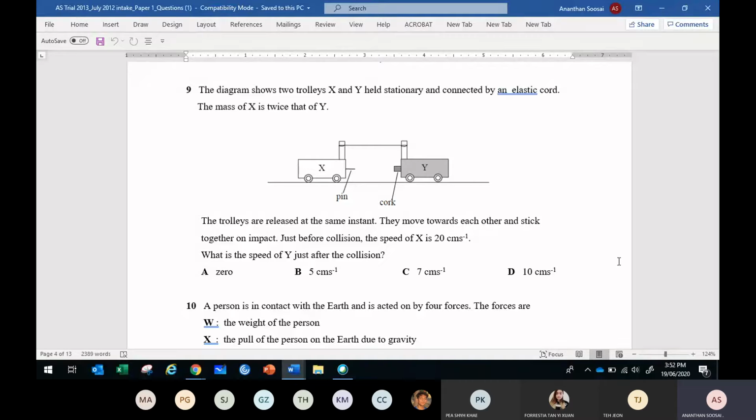Okay, you can send your answer through WhatsApp. Question 9. Okay, so I have received an answer.